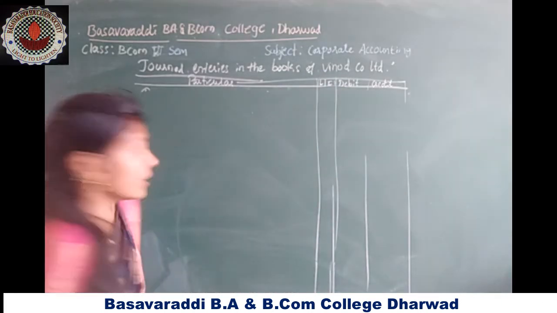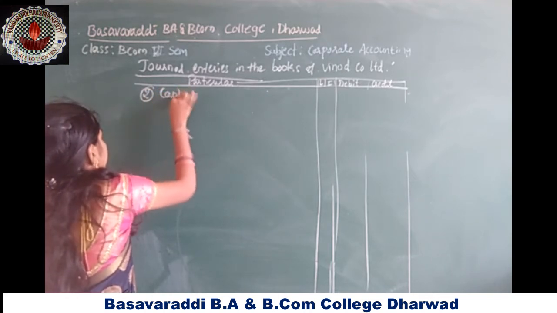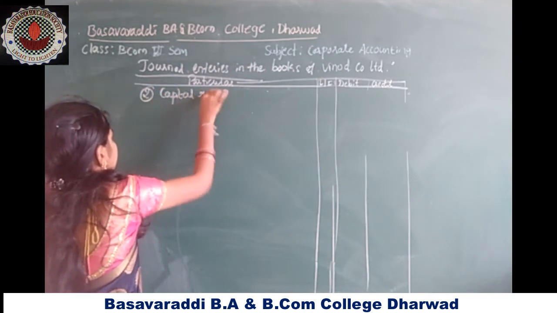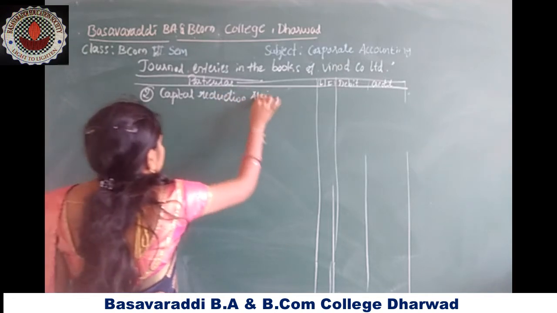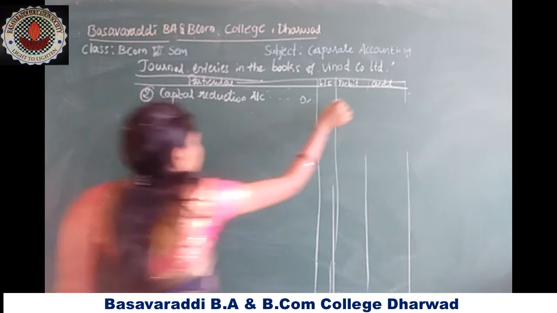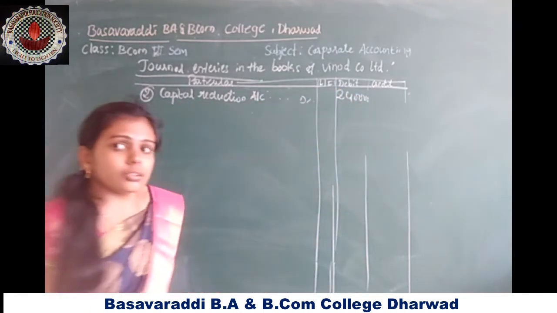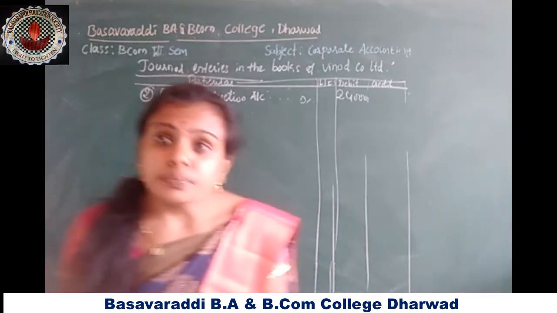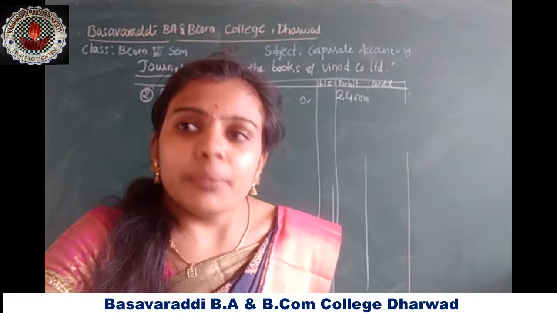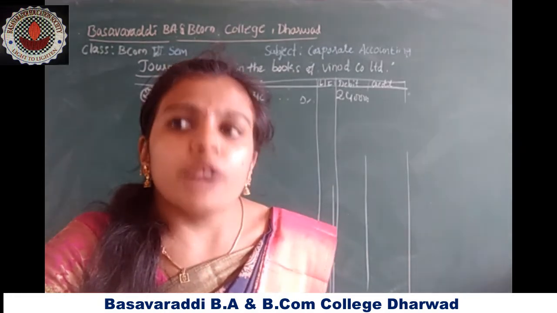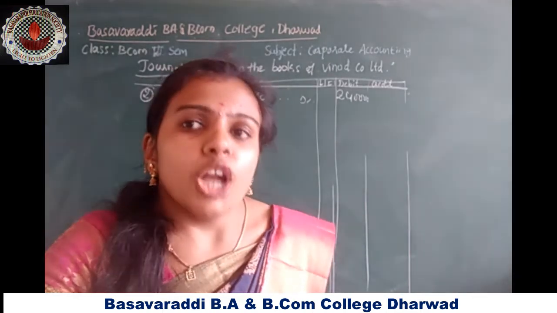Second journal entry, capital reduction account debited 2,40,000, and then next to goodwill, to preliminary expenses, to profit and loss account, to building, to machinery, to stock, to debtors, to different amount.